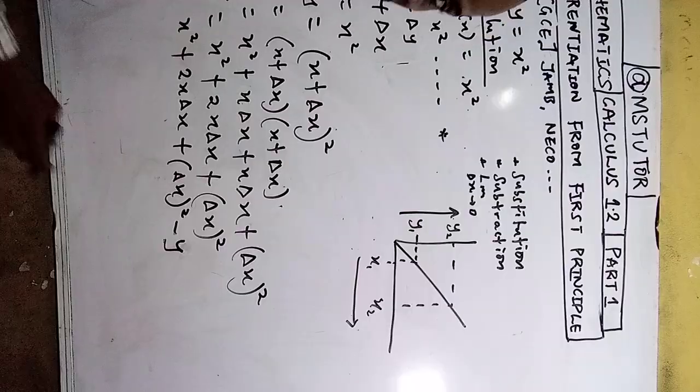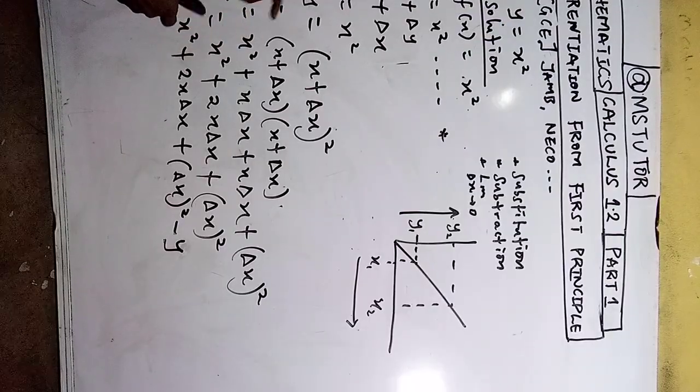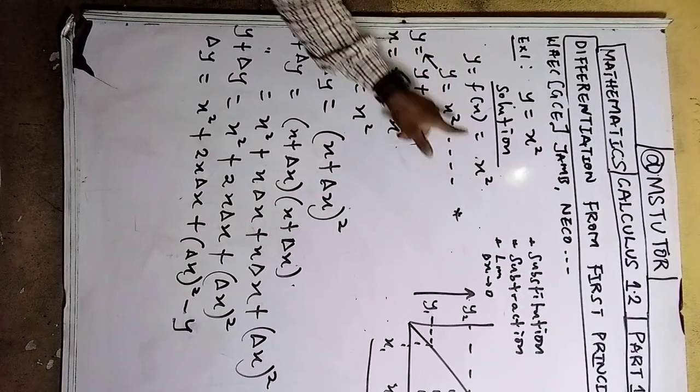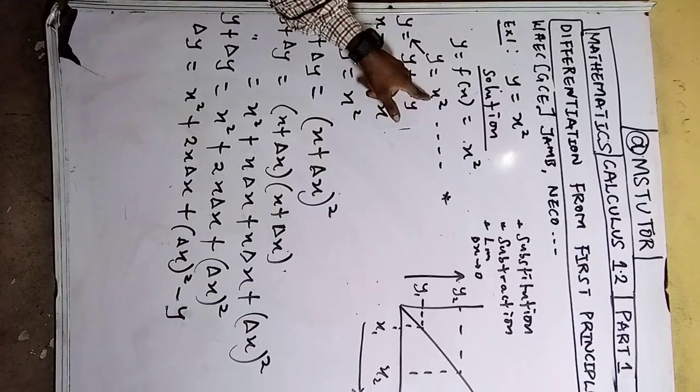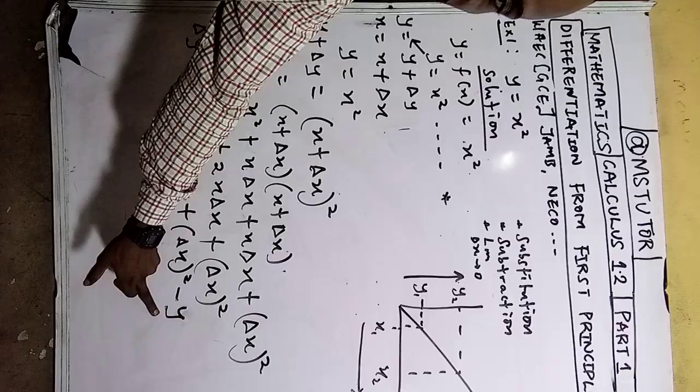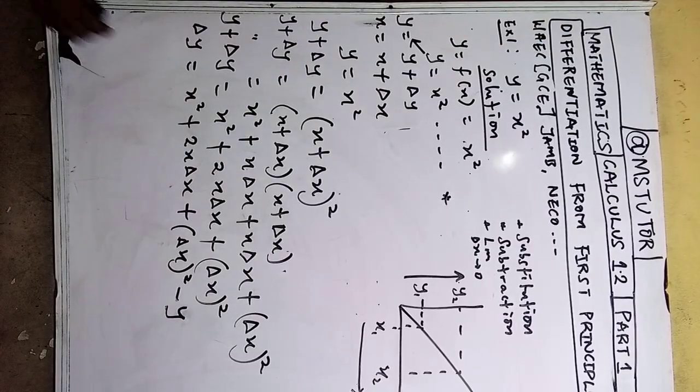But remember, from the original expression, our y in this part here, y equals f of x, equals x squared, which is what we have here. So that means that this time around, I'll substitute my y equals x squared in this part here. So what am I going to have then?